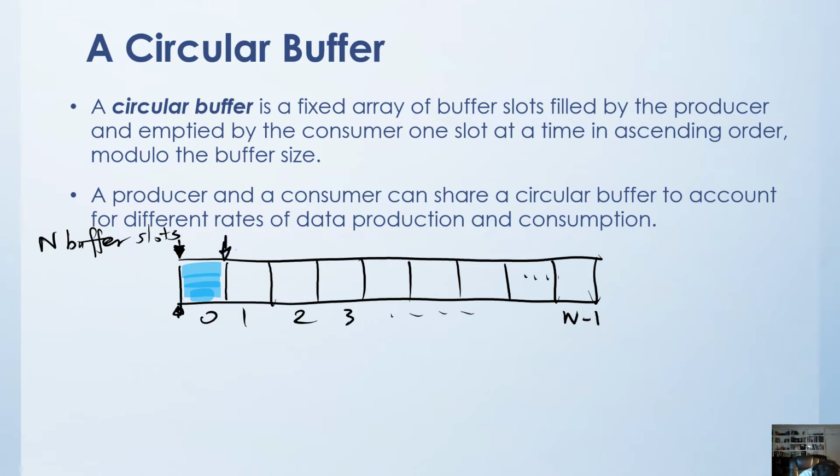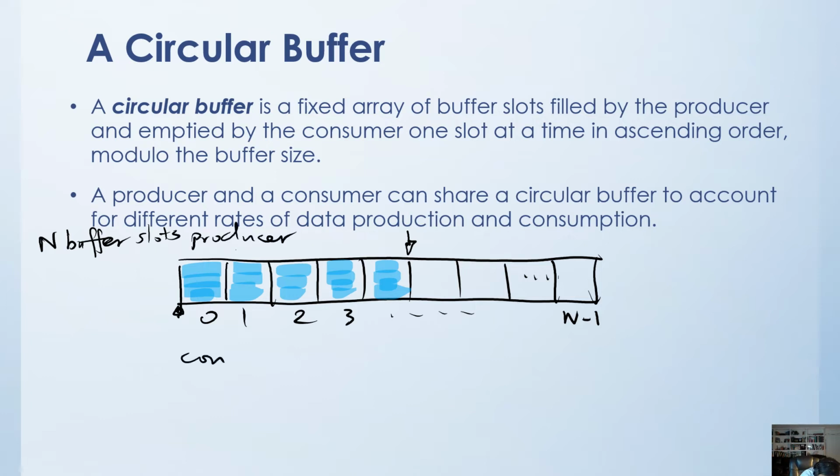Then the producer can produce the next one, and the next, and the cursor moves along. So that's the producer side.